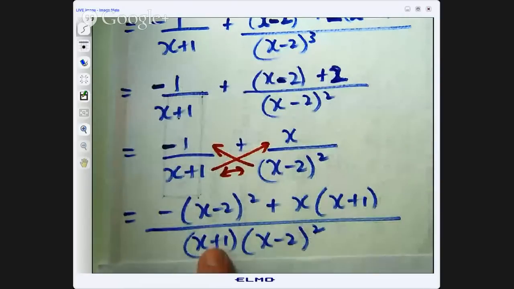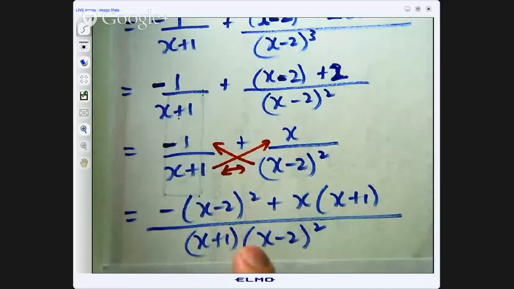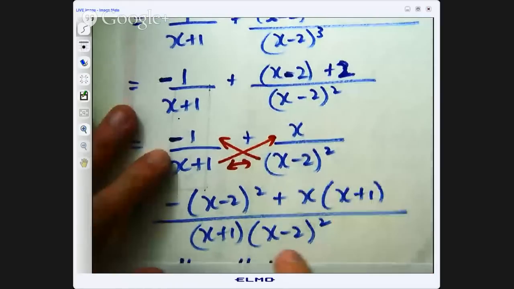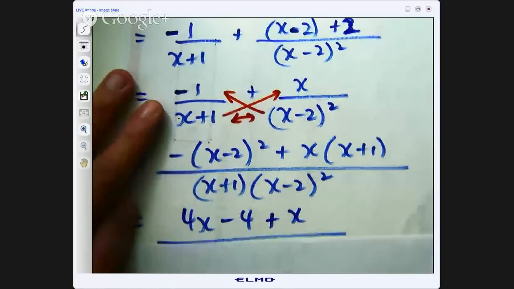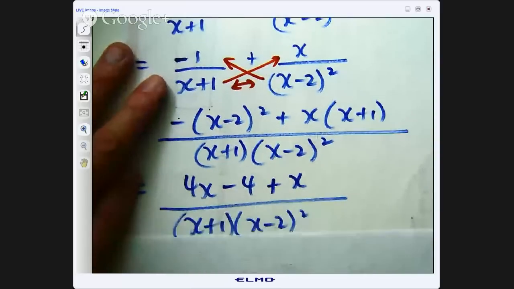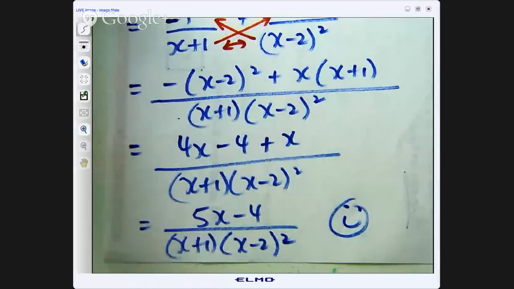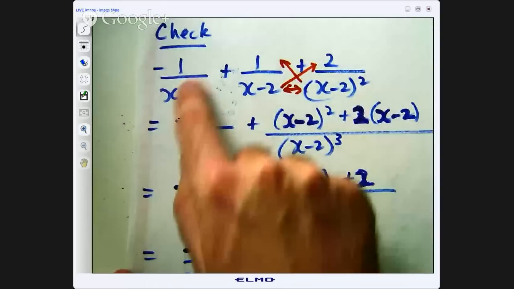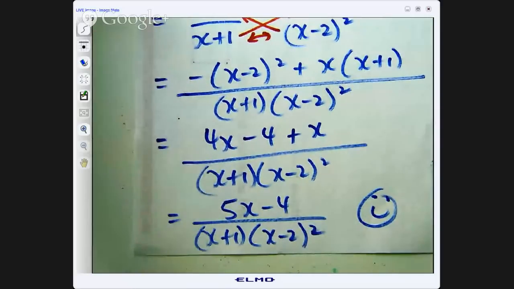So you can see here we've got the same denominator down here. We just want to make sure that this up here reduces down to 5x minus 4. So if you expand this bracket, the negative x squared and the positive x squared are going to cancel each other out. And you'll be left with this, and that is 5x minus 4 over the usual thing that we wanted. Okay, so this form really is equal to this form that we started with.